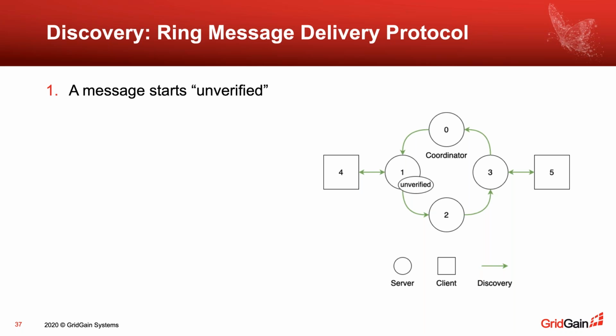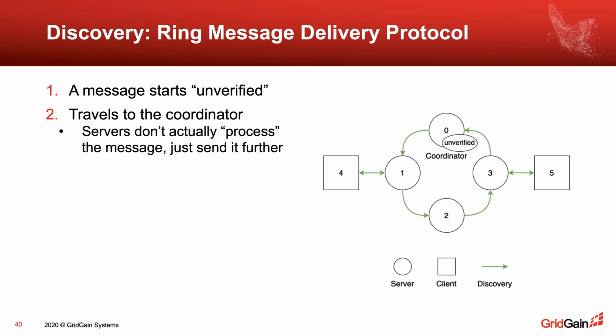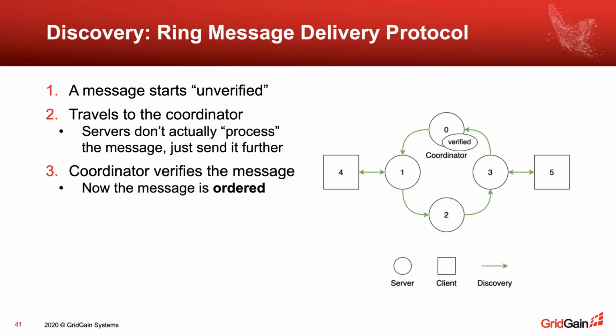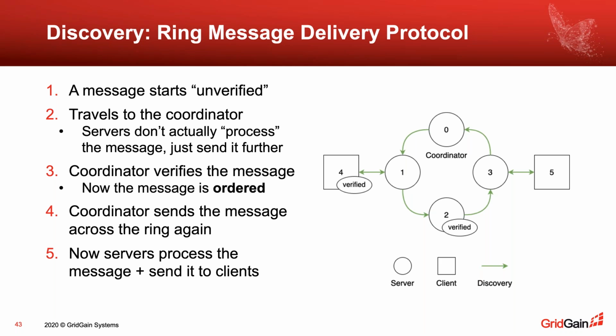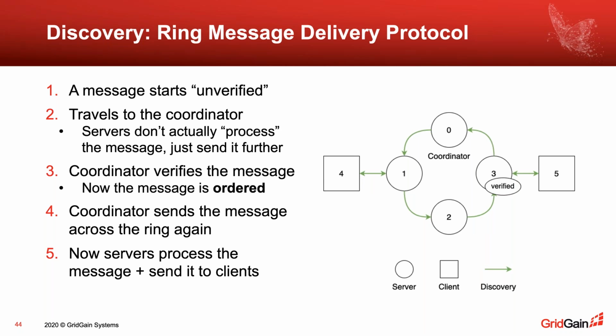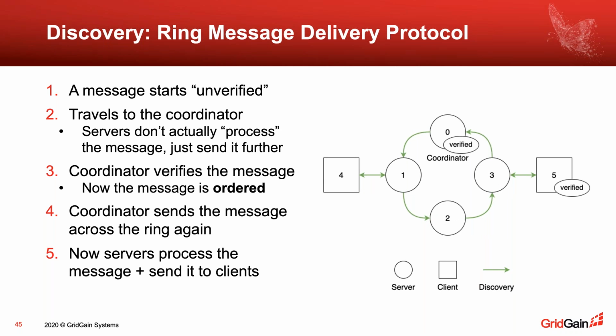When a message is created, it is sent across the ring to a special node called coordinator, and on that node the message is ordered and verified, and after that, and only after that, the message is transferred to all of the nodes in the cluster for the actual processing. And this is how the ordering is ensured.